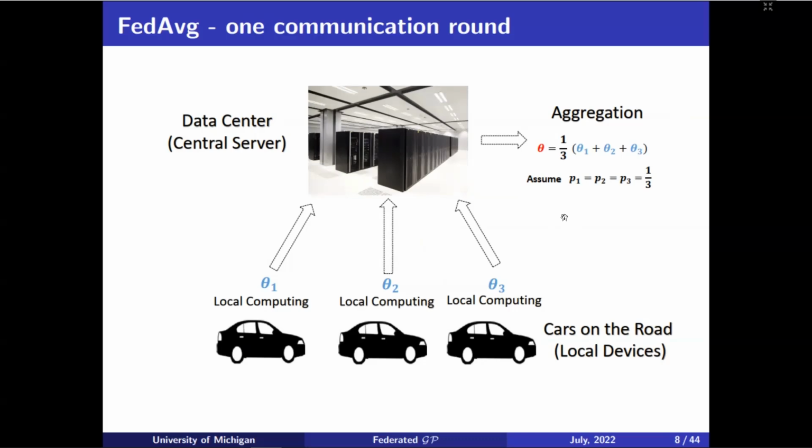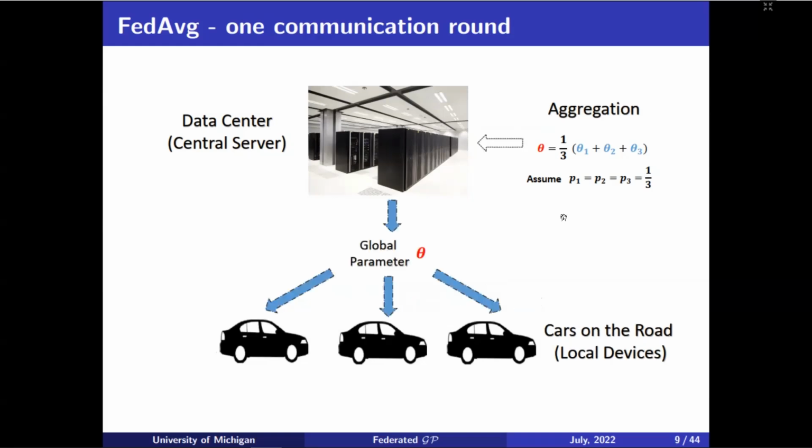The server will then aggregate all those parameters, for example, taking the weighted average of those model parameters. Afterwards, the server will rebroadcast the global model parameter back to each device. And this whole process is known as one communication round. And we will repeat this communication round many times until convergence or some exit condition is met.